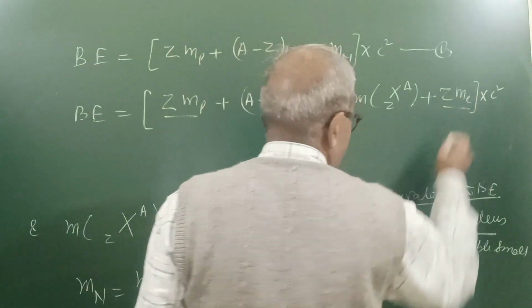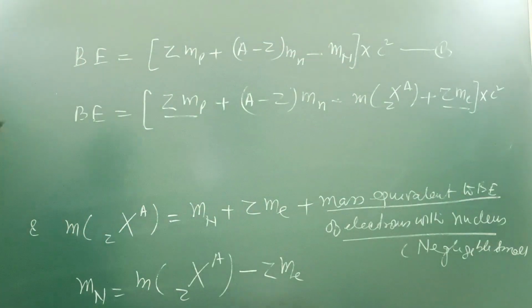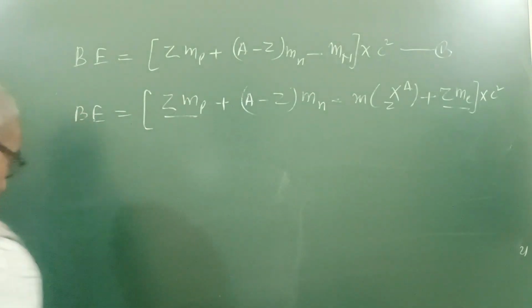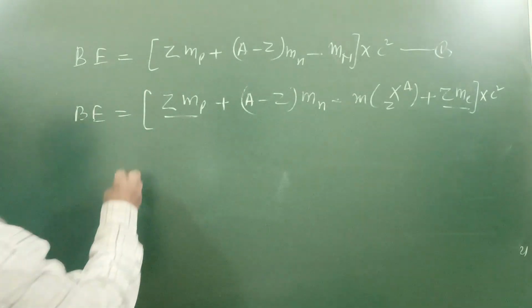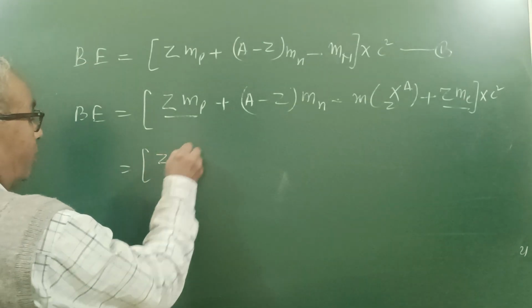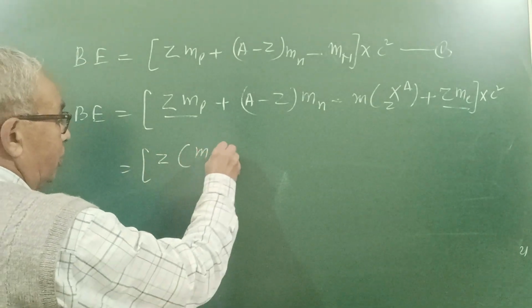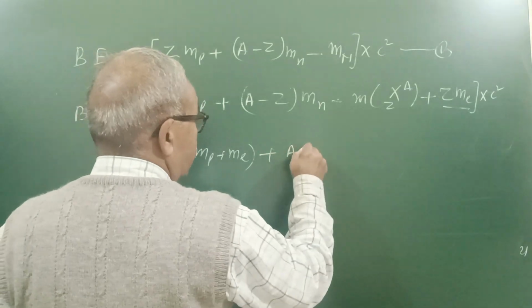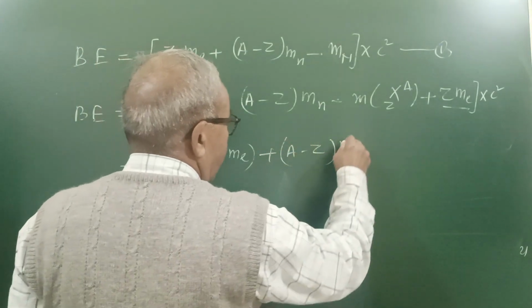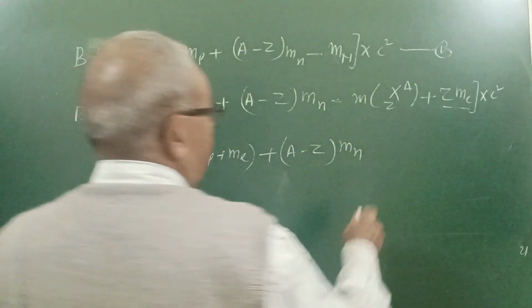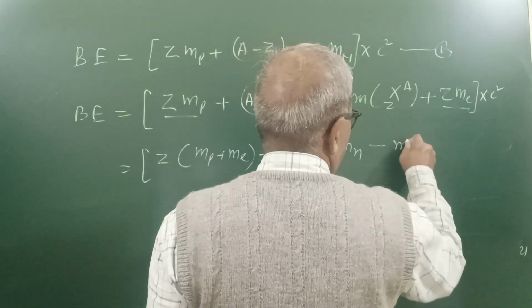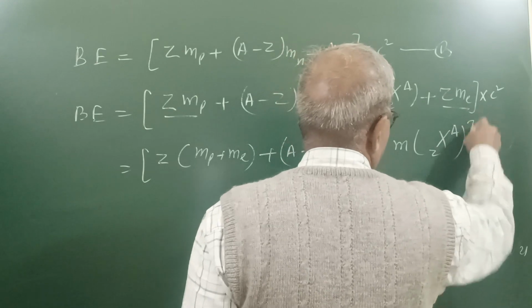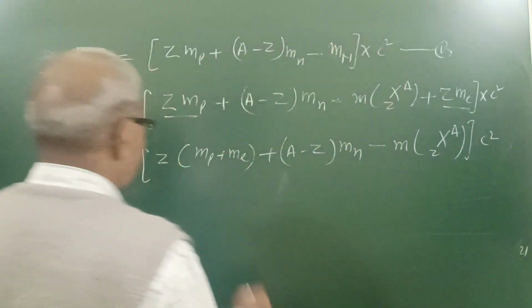Z M_P plus Z M_e means the mass of Z hydrogen atoms, equal to Z (M_P plus M_e). So BE equal to (Z M_P plus (A minus Z) M_N minus M(Z X A)) into c square.